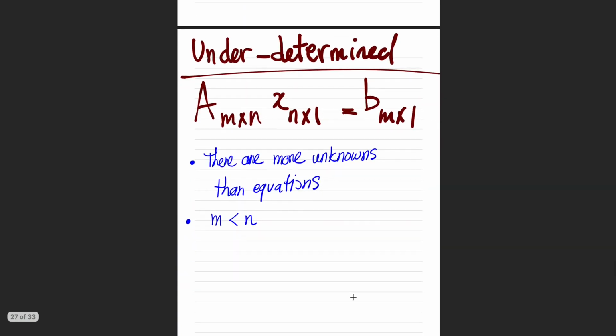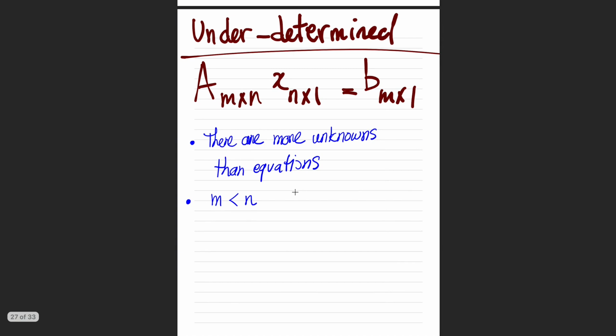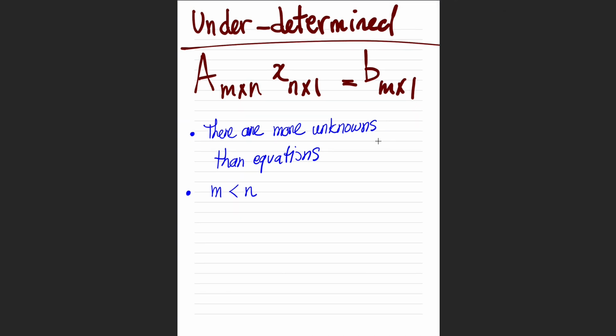Now, the underdetermined case, there are more unknowns than equations, and again, there is a solution if b is in the span of the columns of A. Since there are more unknowns than equations, we may have infinitely many solutions.